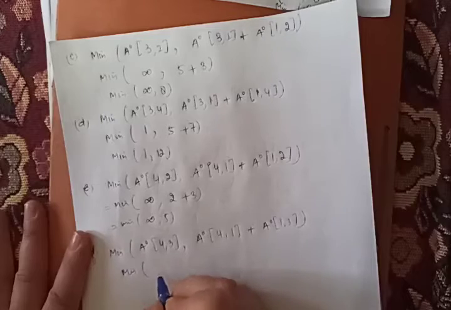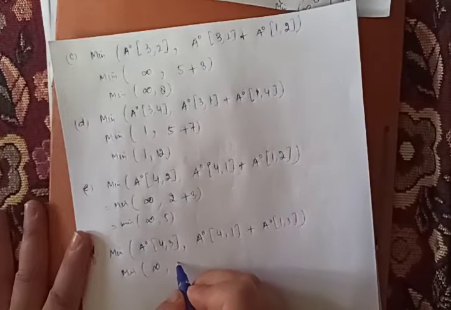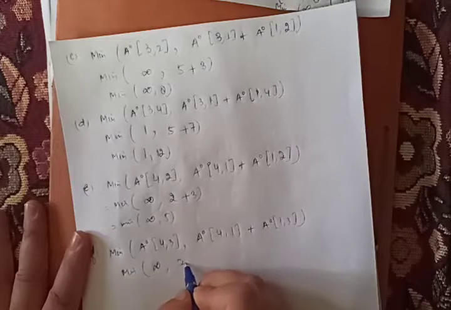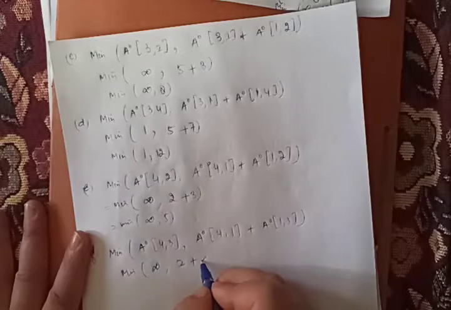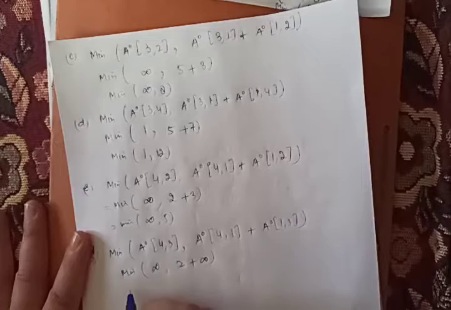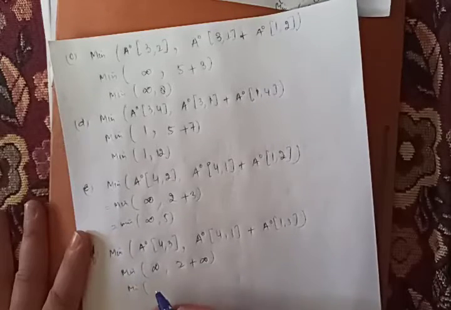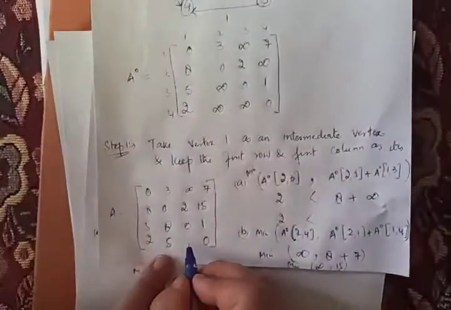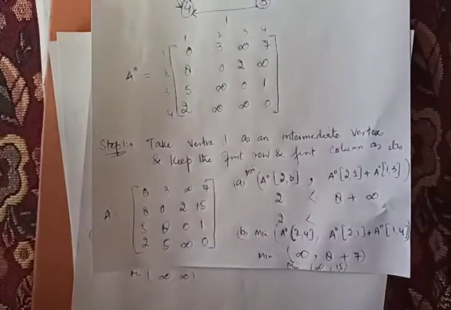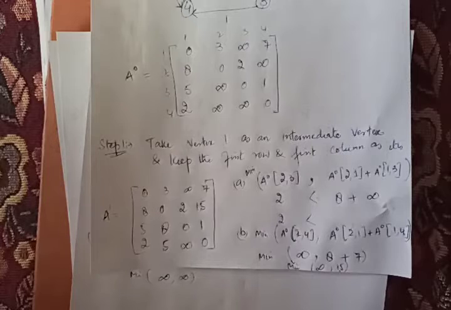So the minimum of 4 to 3 is infinity. 4 to 1 is 2 plus 1 to 3. 1 to 3 is infinity. So obviously there will be an infinity. So the minimum value we can take as infinity. So we will update this as infinity. Okay. This is the first step.